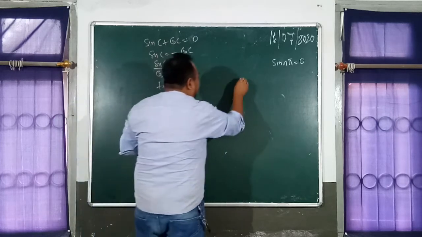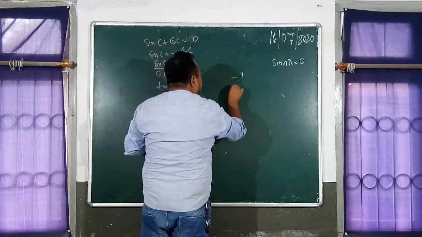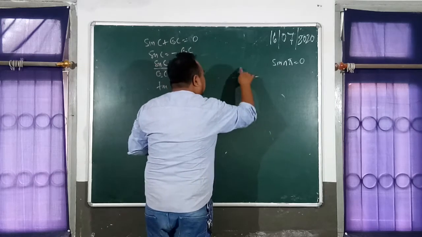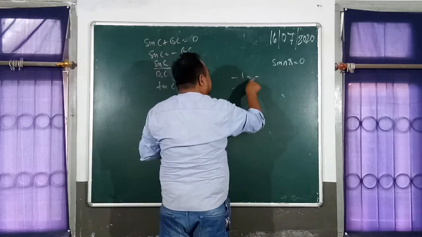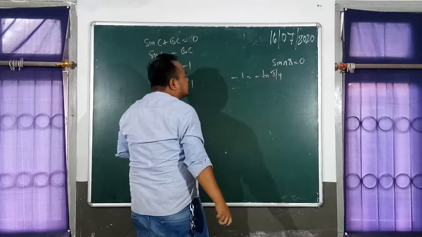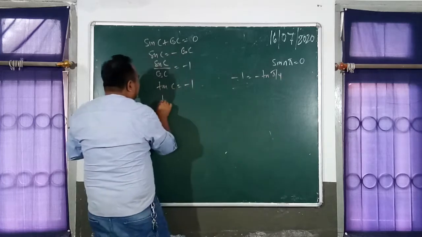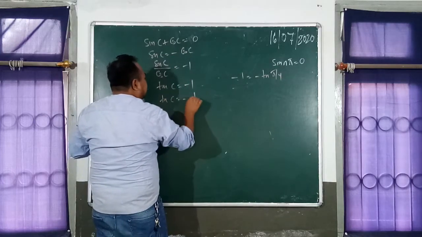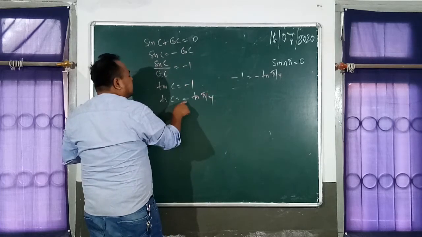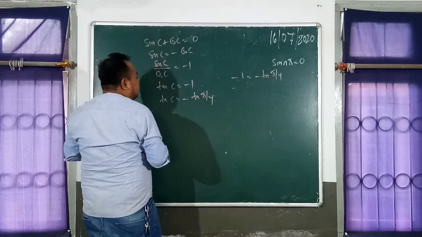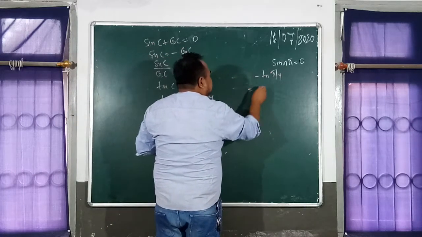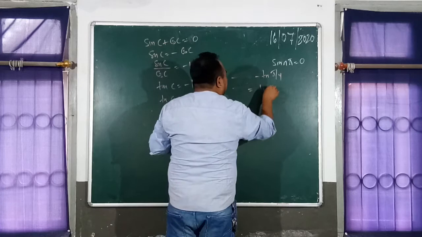Now as you all know, minus as it is, 1 can be written as tan pi by 4. Yes or no? Now you know that 1 can be written as tan pi by 4, but you cannot cancel tan and tan because there is a minus sign. So in order to remove the minus sign, what do I do? So just see, to remove the minus sign, I'm going to use quadrant.